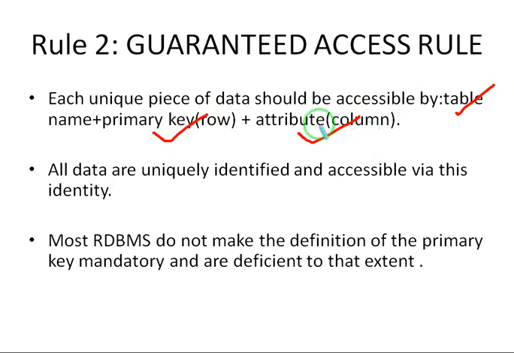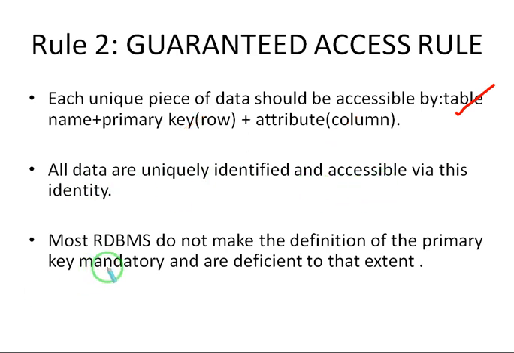Sometimes using table name plus primary key, sometimes table name plus attribute, or sometimes table name plus primary key plus attribute. So using a combination of these three terms, we can access data from the relation. So all data are uniquely identified and accessible via the entity.